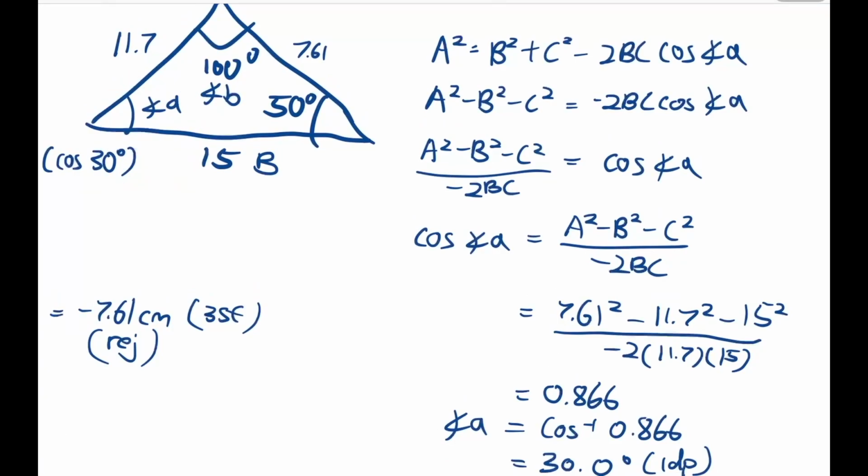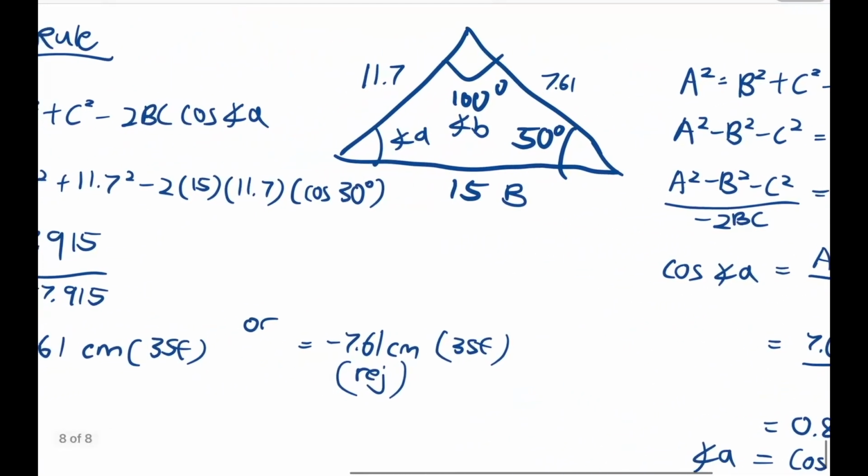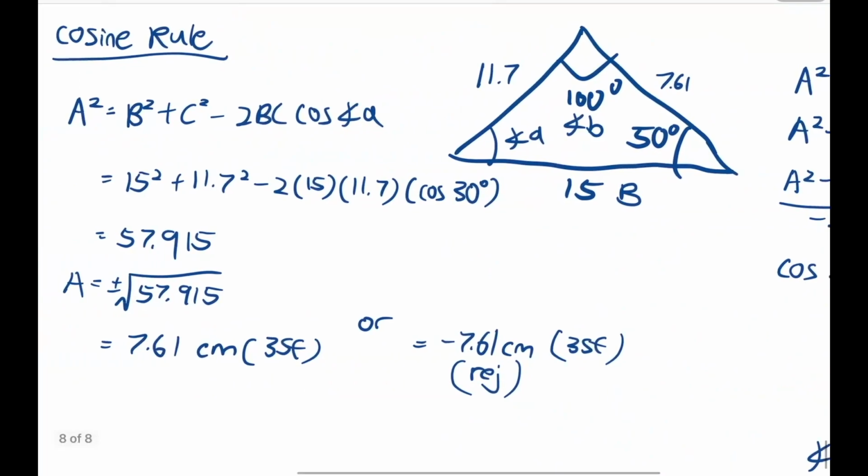Okay, so notice earlier, if I want to use cosine rule to find length, so just now I was trying to find this length, right? I will need to have the length of the other two, as well as this angle that is sandwiched between these two lengths. So I want you to take note of the shape of this structure: the two lengths and the angle sandwiched in the middle.